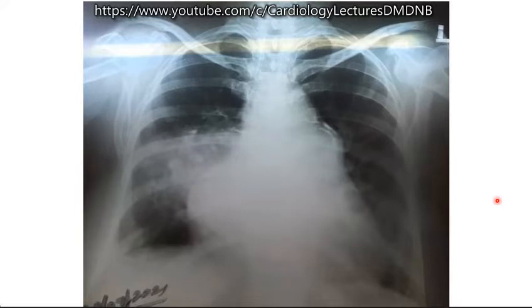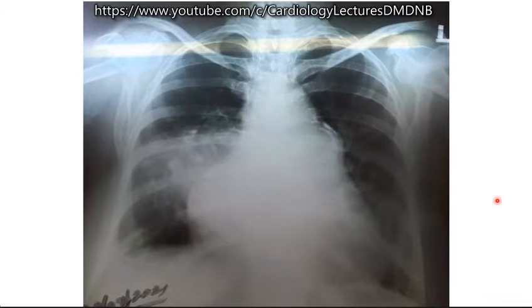Do you have any clues whether the patient has increased pulmonary blood flow? How do you diagnose increased pulmonary blood flow? Sir, increased end-on vessels. More than 3 in one lung field, or more than 5 in both lung fields, sir.